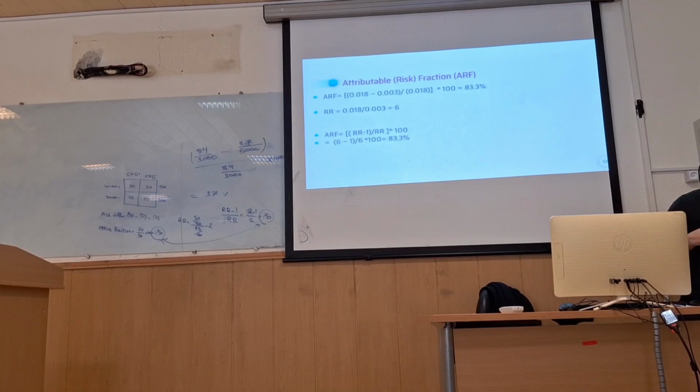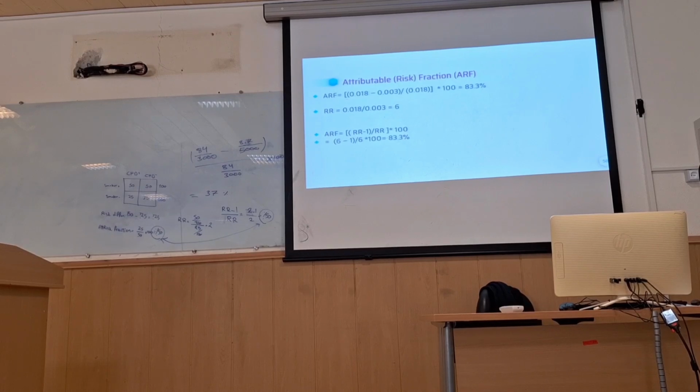For example, what kind of question will I give you for the exam? Exactly like this, not more complex. You should calculate relative risk, you should calculate attributable risk, and you should know how to interpret this measure. For example, what does attributable risk fraction mean? It means how much of a specific disease can be attributed to a specific exposure.